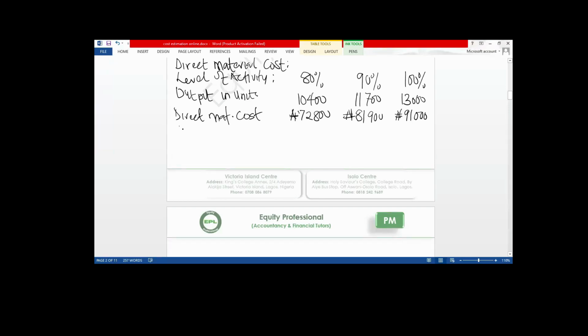Now calculate direct material cost per unit. Material cost per unit. Look at it, please. How to calculate this?